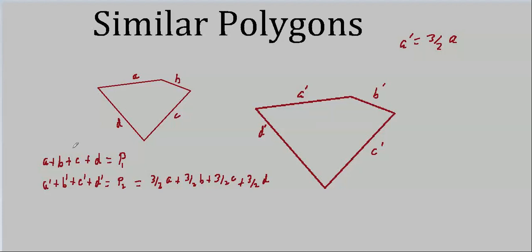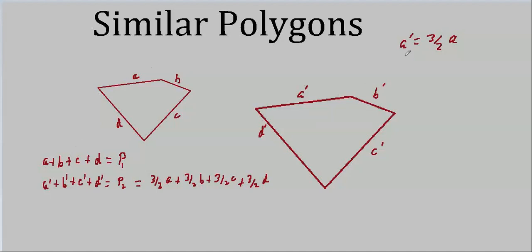That's A plus B plus C plus D. That's P1. Now the perimeter here, of course, is the sum of all the primes, A prime, B prime, etc. But there's a relationship because they're similar.